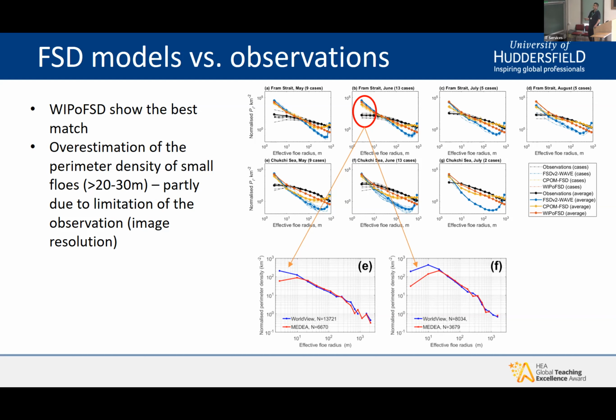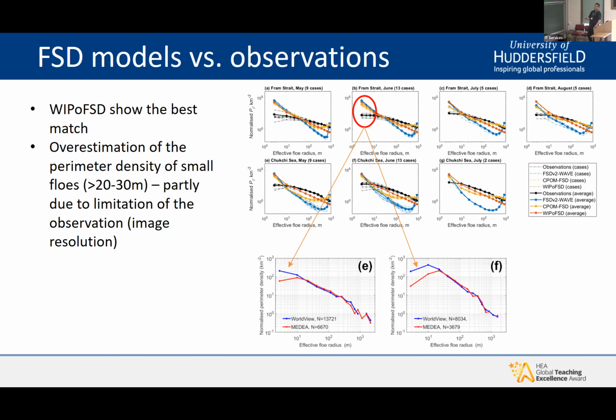However, all these models show overestimation, where we measure the floe size in perimeter density. So P indicates perimeter density. So this one aspect is commonly shown here.